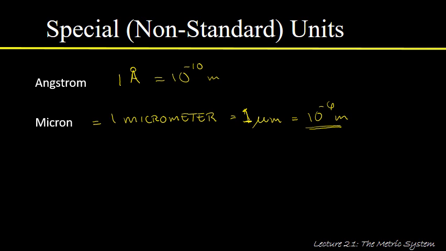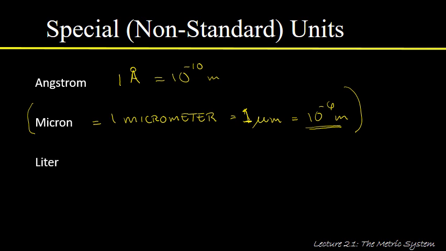Micron is not used very often in chemistry. It's used a bit in physics and biology. So I'm putting it here mostly just for your information, because you may see that term, and people often use the term micron without defining it. So I wanted you to know what that means. But since we don't use it in chemistry, and it's not an accepted SI unit, I won't be testing you on that one, but I just wanted you to know what it meant.